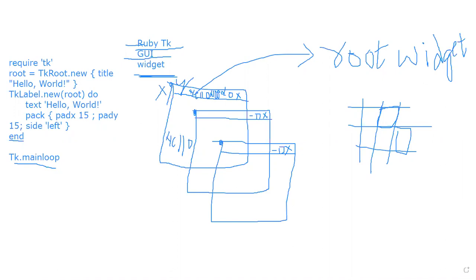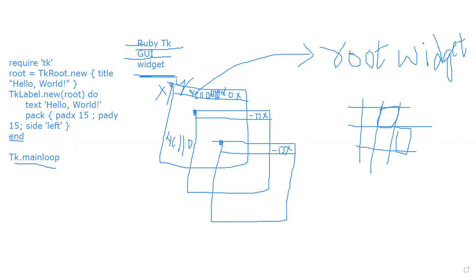Now, a simple TK application, as we have discussed on the whiteboard, has the TK root. TK root is nothing but the instance of the root widget. Remember, it is the instance of the root widget. Root widget is the first one where you are creating the title of that widget, that is Hello World.